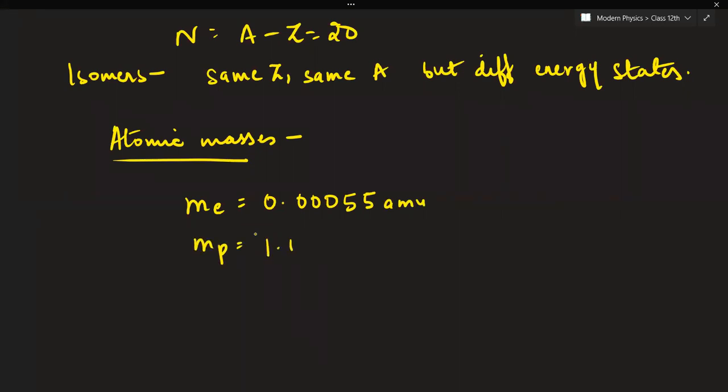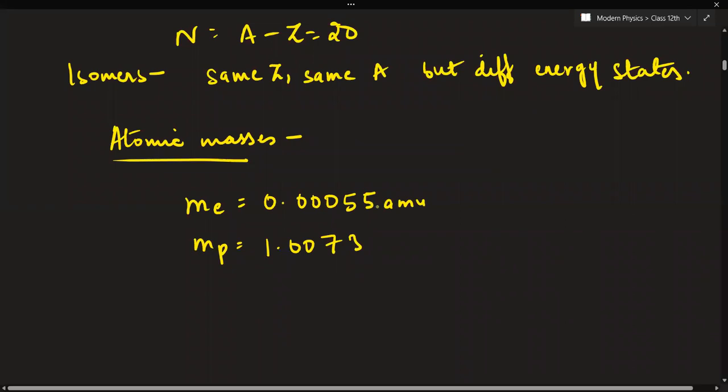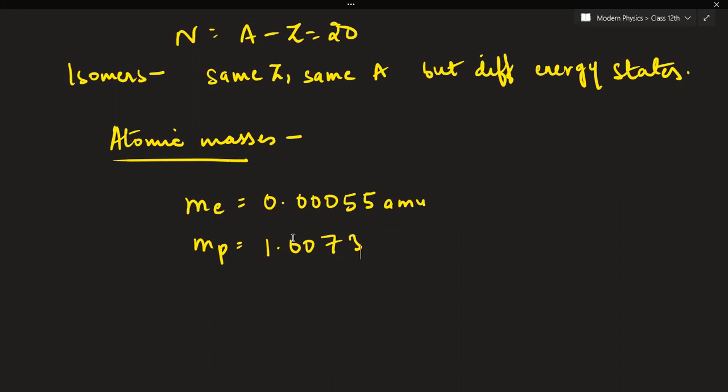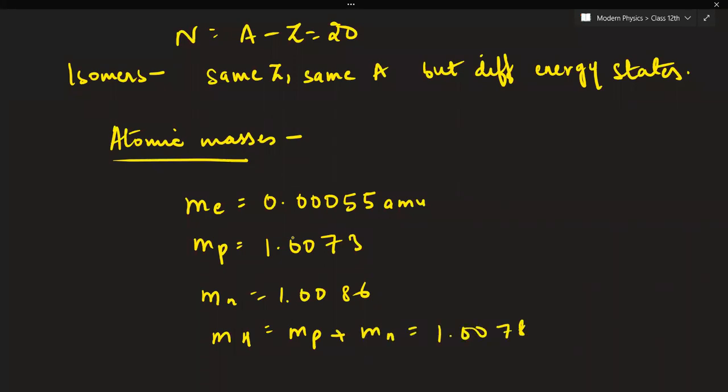Mass of proton is 1.0073. Even initially everybody has difficulty learning, but when you practice questions you'll not find it difficult to remember these minute values. Mass of neutron is 1.0086, and mass of hydrogen is mass of proton plus mass of electron, that is 1.0078 AMU.